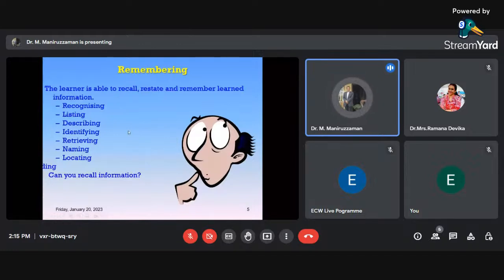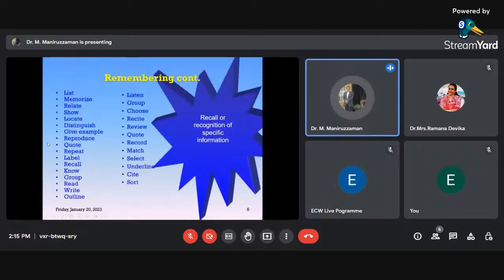For remembering, I have already explained what it means. Remembering is consistent with the question, can you recall information? And for expressing remembering, we use this list of action verbs.